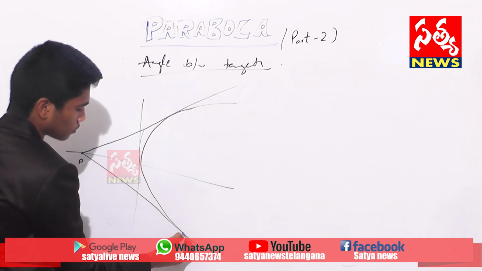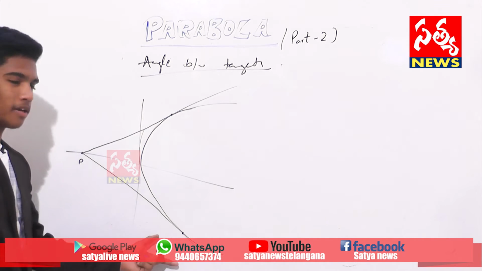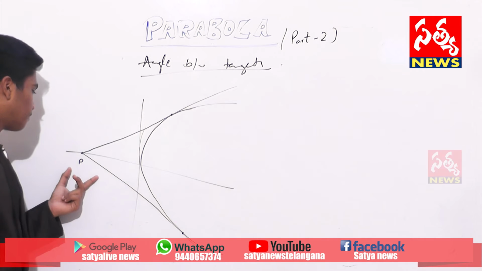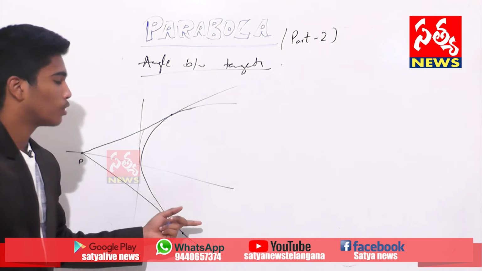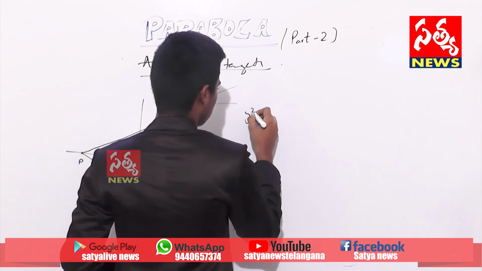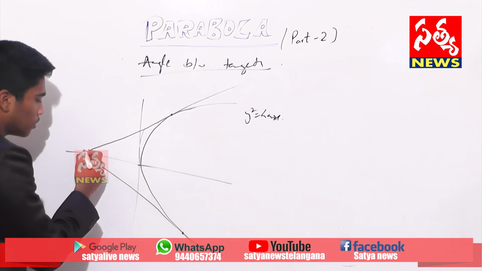Okay, these are two tangents passing from point P to the parabola y² equals 4ax. Now we have to find this angle.